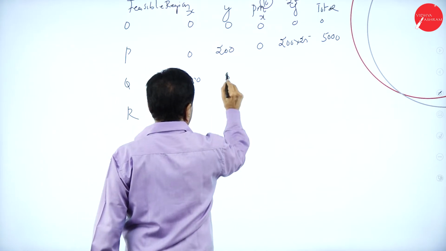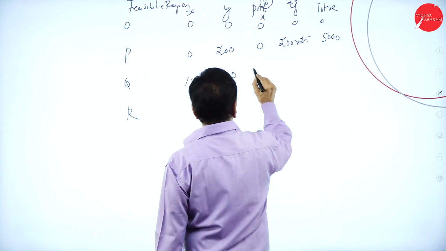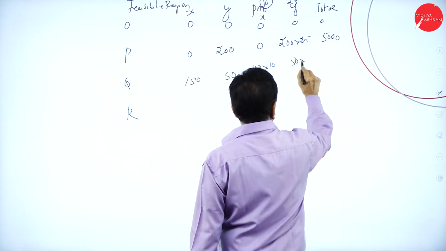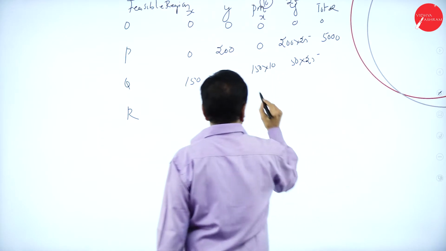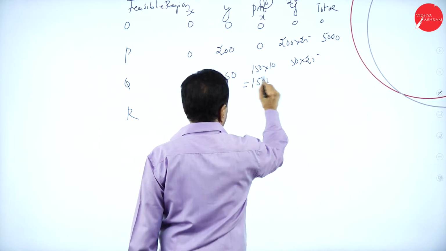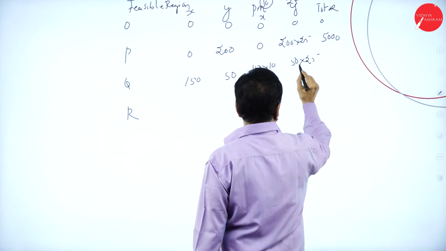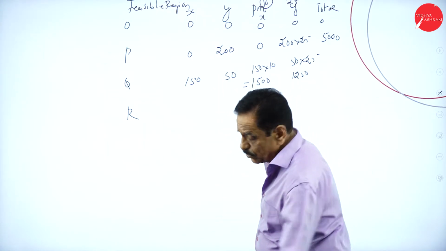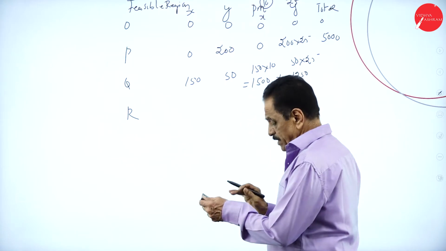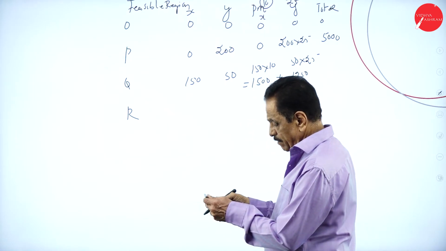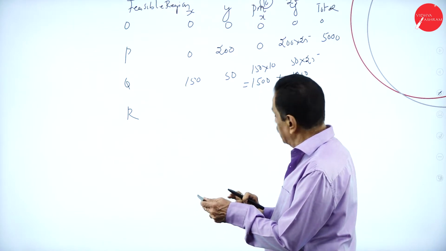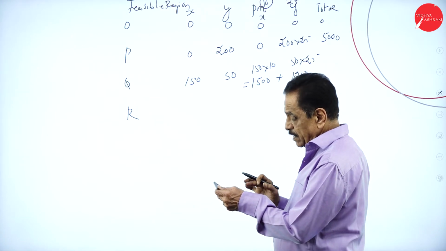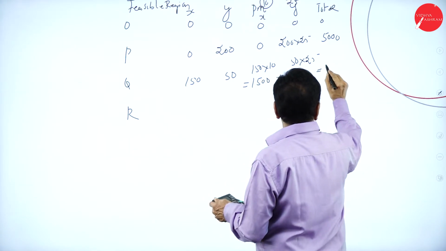Profit: 150 into 10, 50 into 25. 150 into 10 is 1,500. 25 into 50 is 1,250. So 1,500 plus 1,250, 2,750.